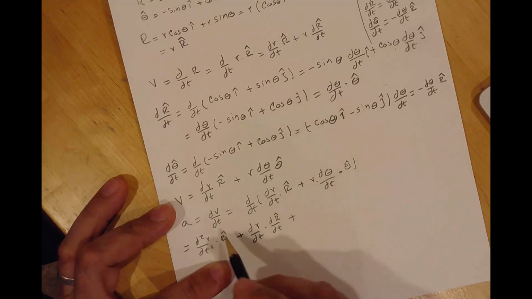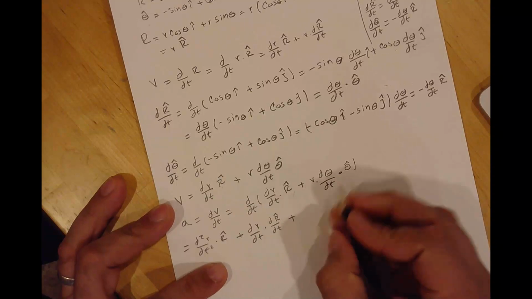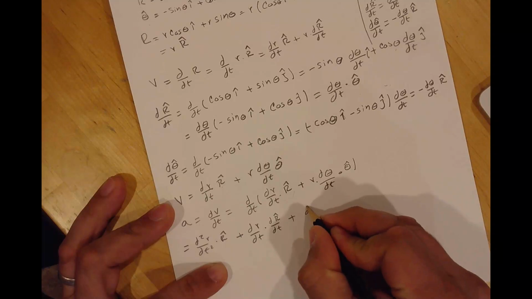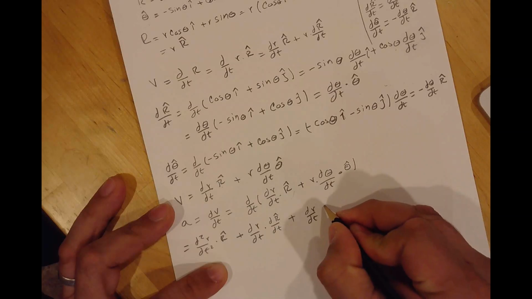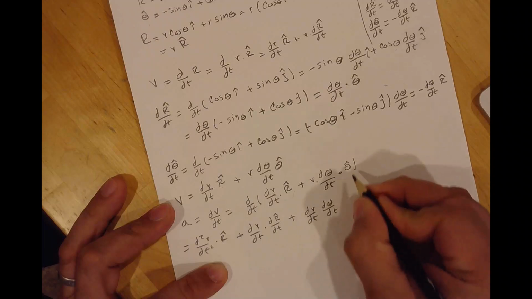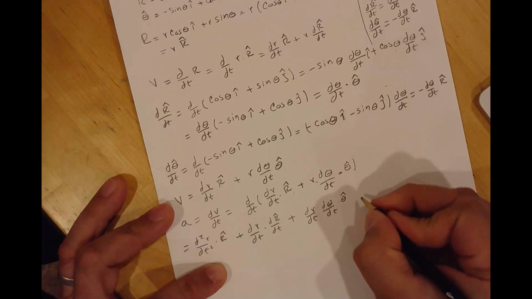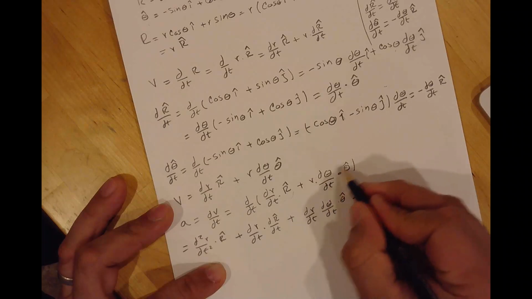This part is only for this first term. Now let's go with the next: the derivative of r with respect to t multiplied by the derivative of theta with respect to t multiplied by the unit vector theta, plus the derivative of all of this.